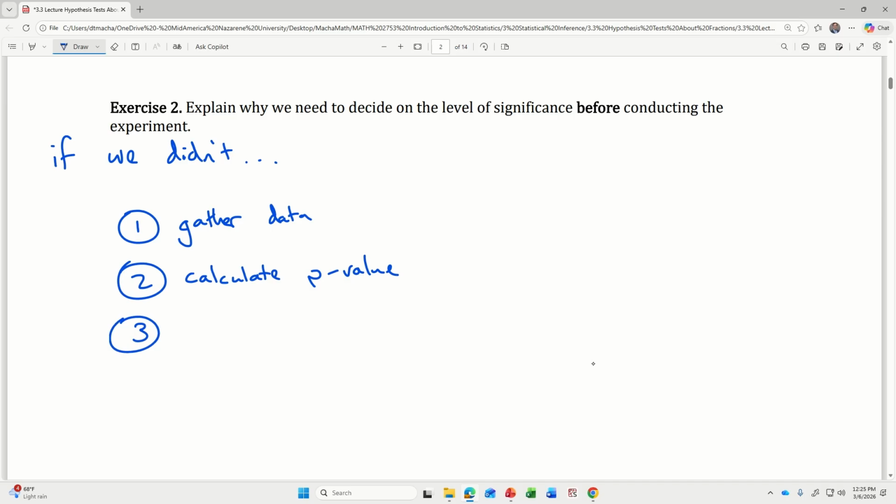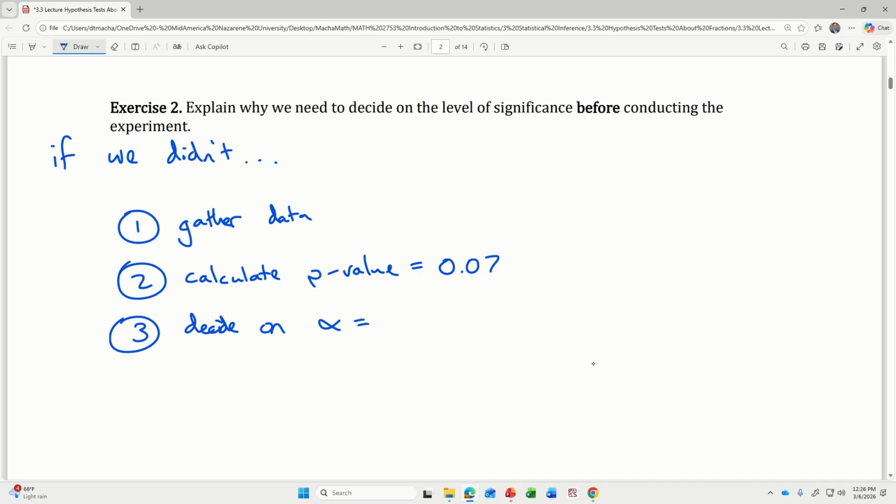And then number 3, you could decide on your level of significance. And let's say the p-value we find is 0.07. What if it was 0.07?